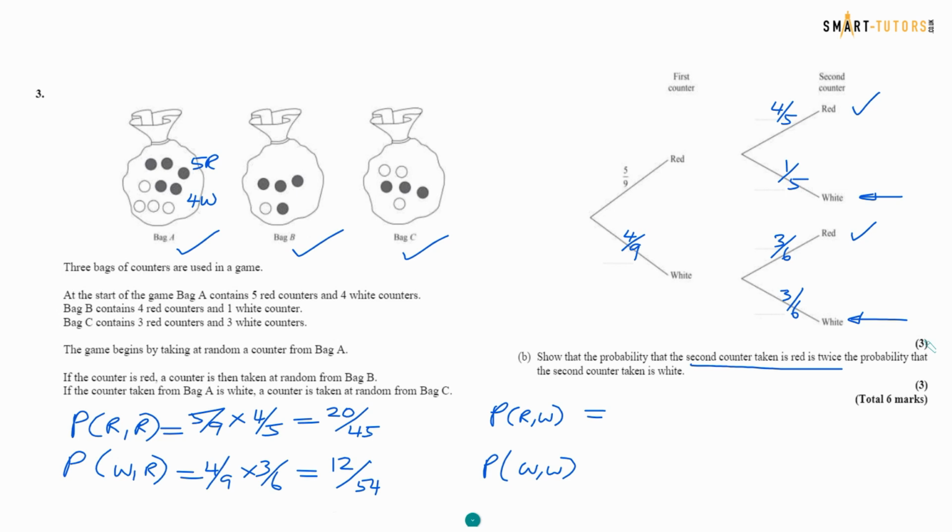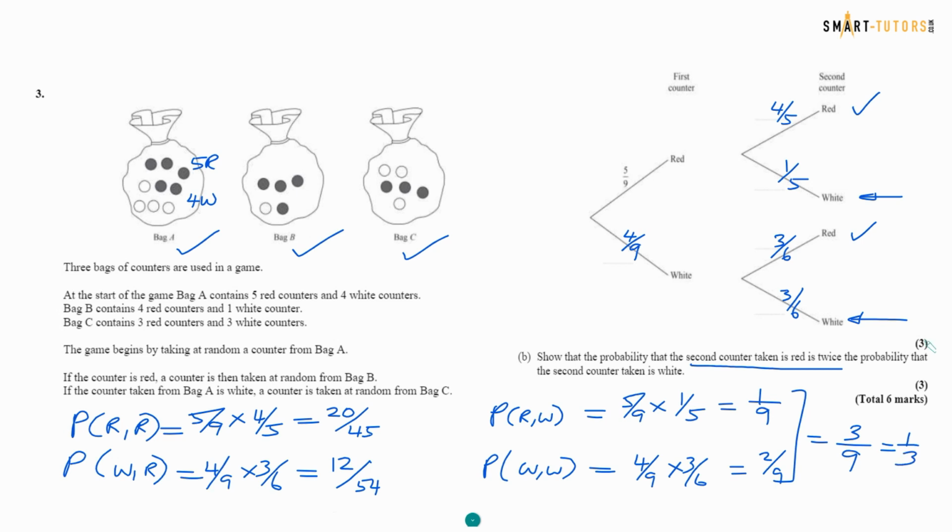Red comma white means 5 upon 9 times 1 upon 5. 5 and 5 cancel, 1 upon 9. White and white is 4 upon 9 times 3 upon 6. So this is going to be 1 upon 2, so 2 upon 9. So the probability of this one is going to be what? 3 upon 9. So that is 1 upon 3.